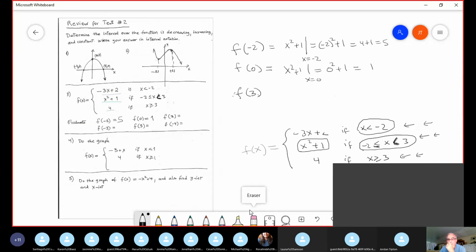Number 1, number 2, number 3. Third interval. And for number 3, guys, the expression is just 4. And 4 is not dependent on x. It's totally independent of x. Therefore, leave it like that. It's 4. The answer is 4.